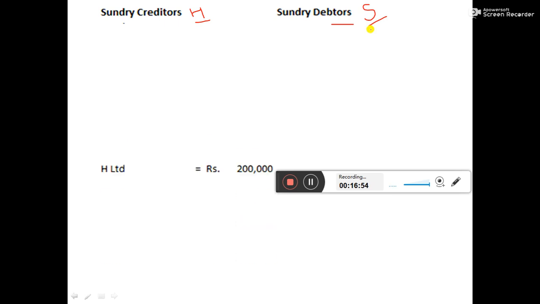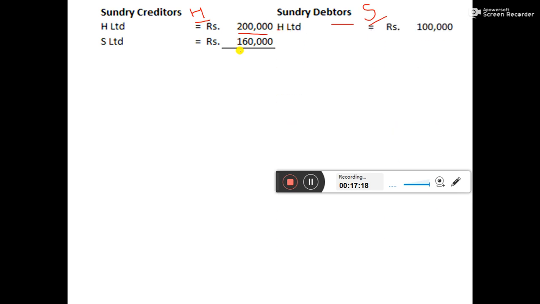So we will see now H Limited sundry creditor is 2 lakh. In this 2 lakh, 25,000 H Limited is supposed to pay S Limited. So from this we can deduct 25,000, but in this problem I will show you another way how we can show the impact directly. S Limited 1,60,000 is the creditor. In H Limited debtors are 1 lakh and S Limited debtors are 1,80,000.